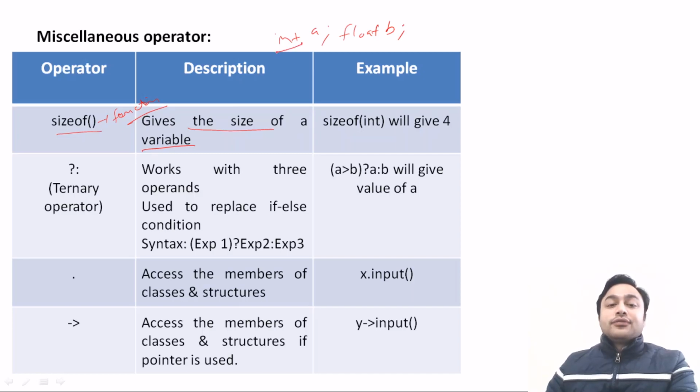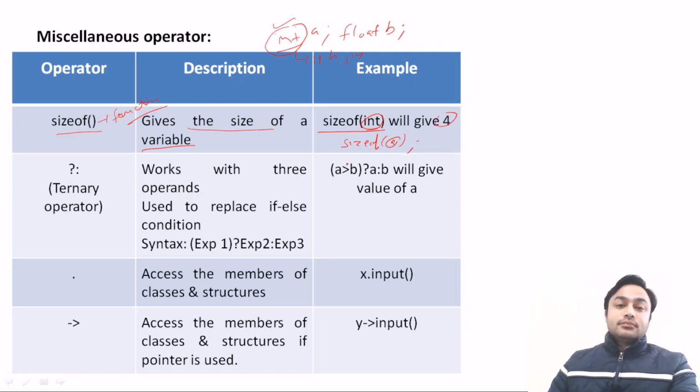Here the size of int is 4 bytes in Code::Blocks. So you can use it like sizeof(int) or sizeof(a). Int is a data type. If you use sizeof(a), then a is which type of data type? Int type. So it will return the size of this data type, that is 4.